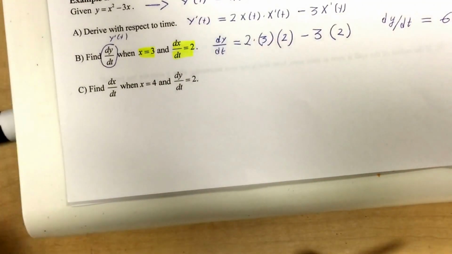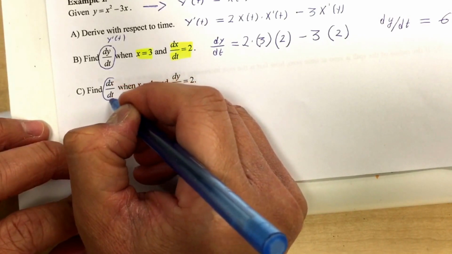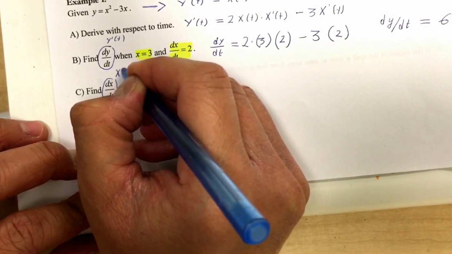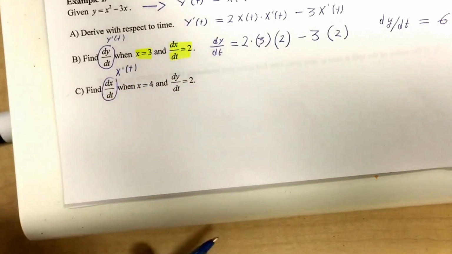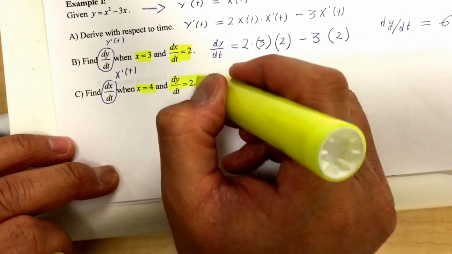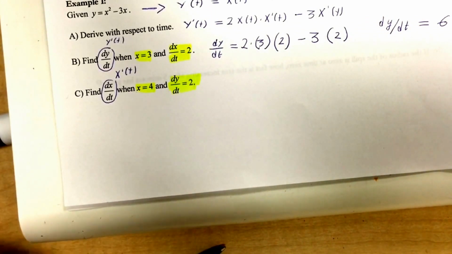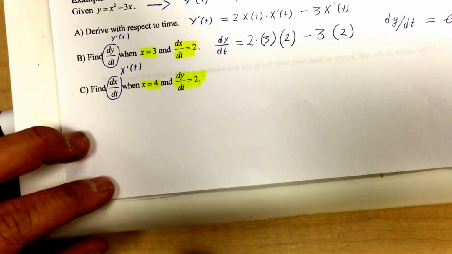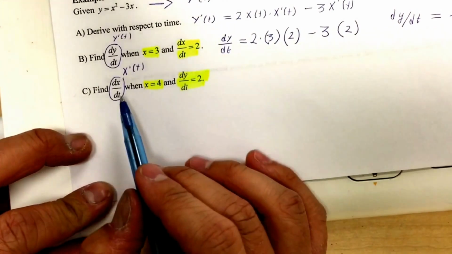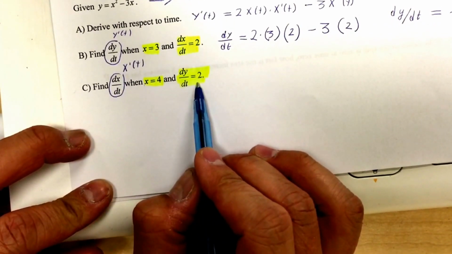All right. Find x prime when x equals 4 and dy over dt equals 2. This is kind of like a related rate problem. You're asked to find one rate when you're given another rate.